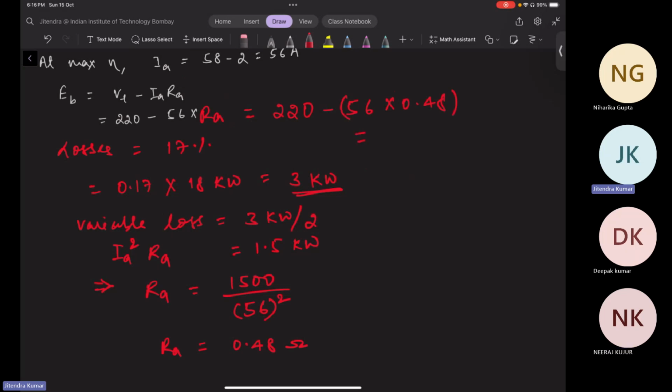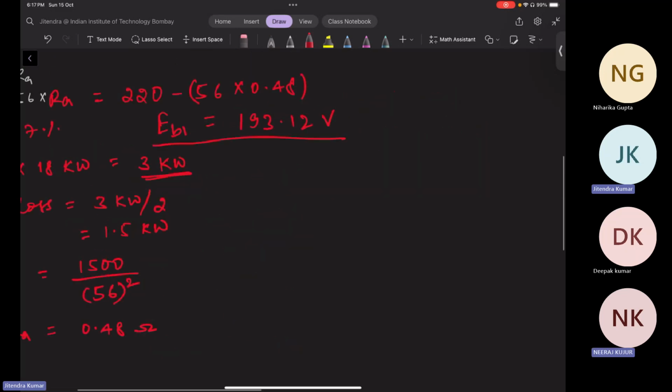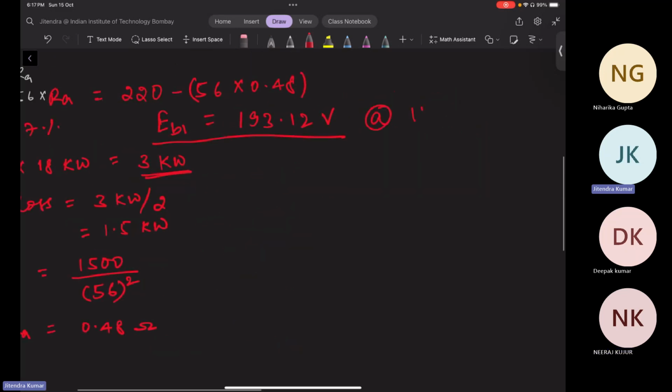So it will be 193.12. So this is EB1. At this back EMF, the speed is equal to 1100 RPM, that is provided in the problem.